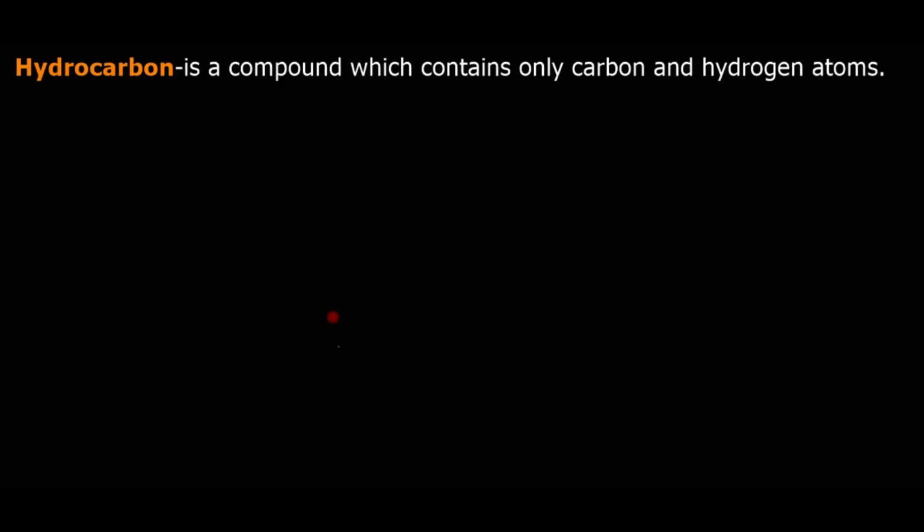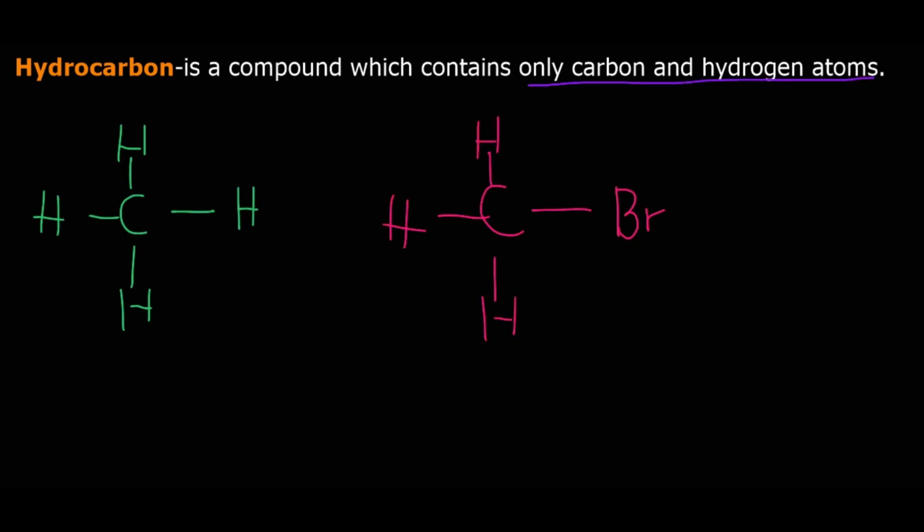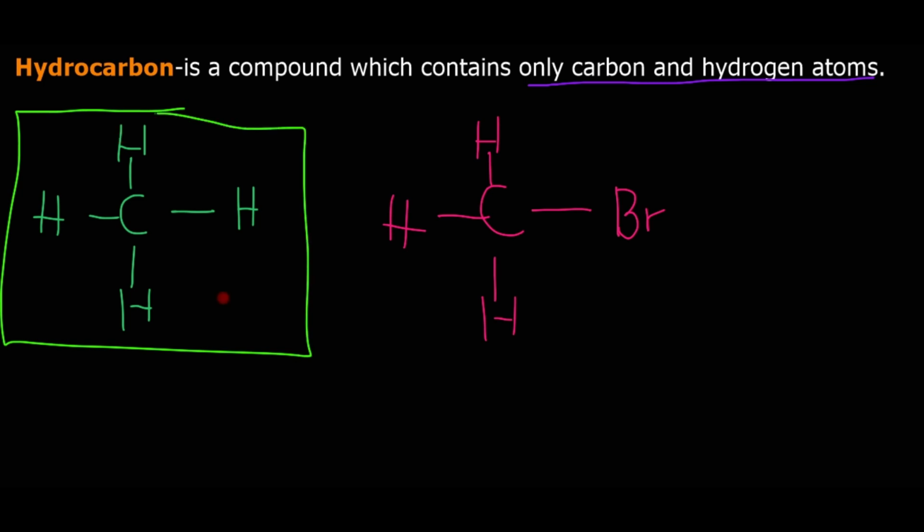And then more, what we call a hydrocarbon is a compound which contains only carbon and hydrogen atoms. Let's say, for example, I want you to look at these compounds. When you look at this one, you can notice that this compound has only carbons and hydrogens.